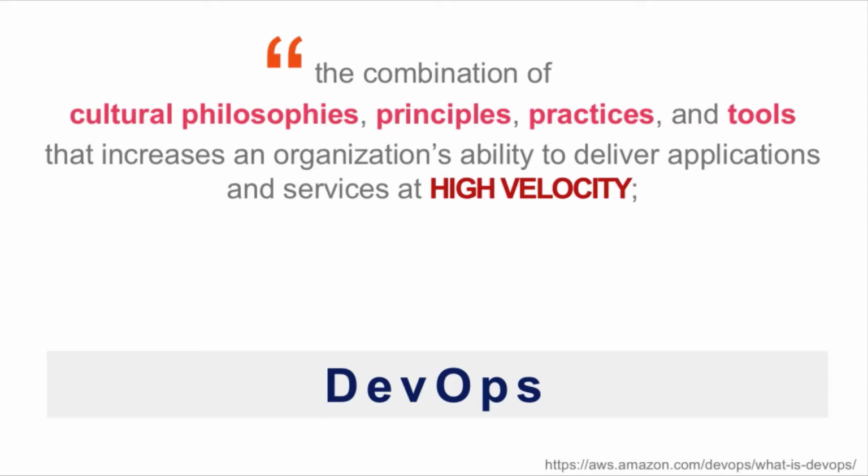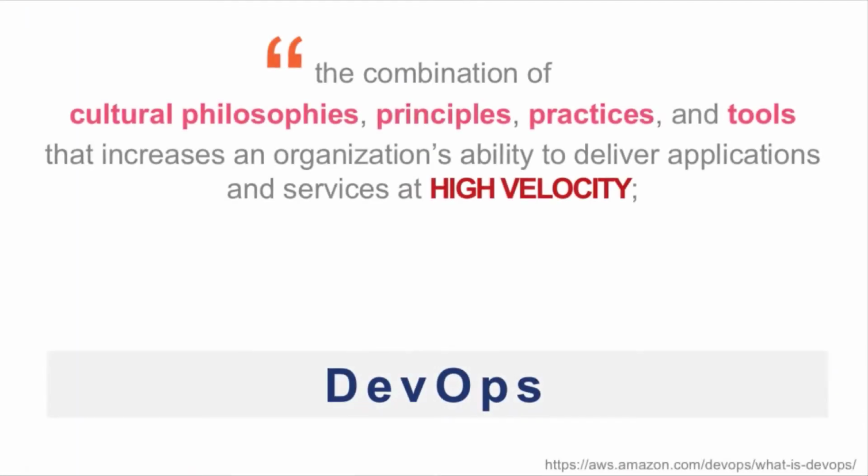It's a combination of cultural philosophies, principles, practices, and tools. It's not one or the other. It's the combination of all four. But what's the goal? The goal is to increase an organization's ability to deliver applications and services at high velocity, aka faster.